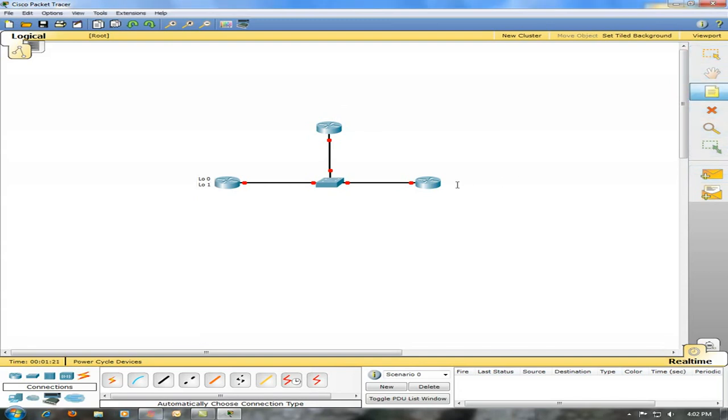And this one. And LO1. So here's your two loopbacks, and I want this guy to be the ISP. Therefore, he will have a cloud connection to him.